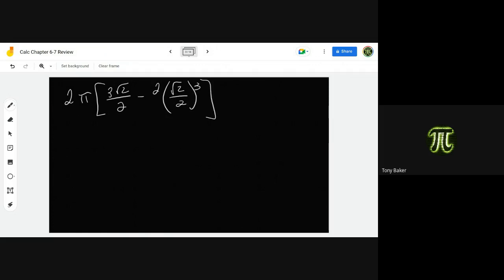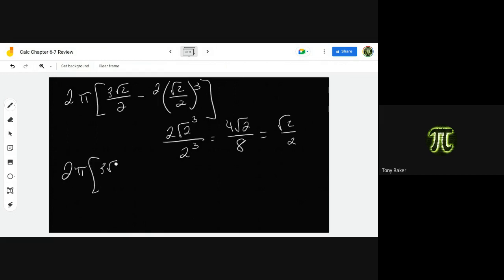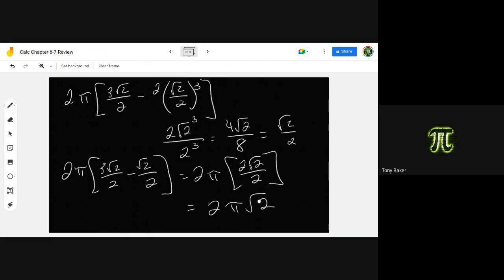So this part right here becomes 2 square root of 2 to the third over 2 to the third, which is 4 square root of 2 over 8, which is square root of 2 over 2. So now I have 2 pi times 3 square root of 2 over 2 minus square root of 2 over 2, which is 2 pi times 2 square root of 2 over 2, which is just 2 pi square root of 2.